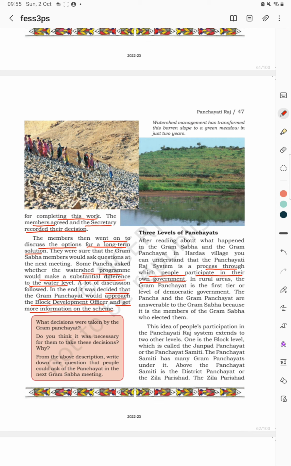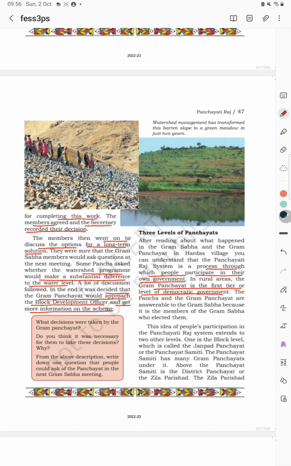In rural areas, Gram Panchayat is the first tier or level of democratic government. So Panchayati Raj basically consists of three levels. Levels of government are three: national, state, and Panchayati Raj. In the Panchayati Raj itself, there are three tiers.